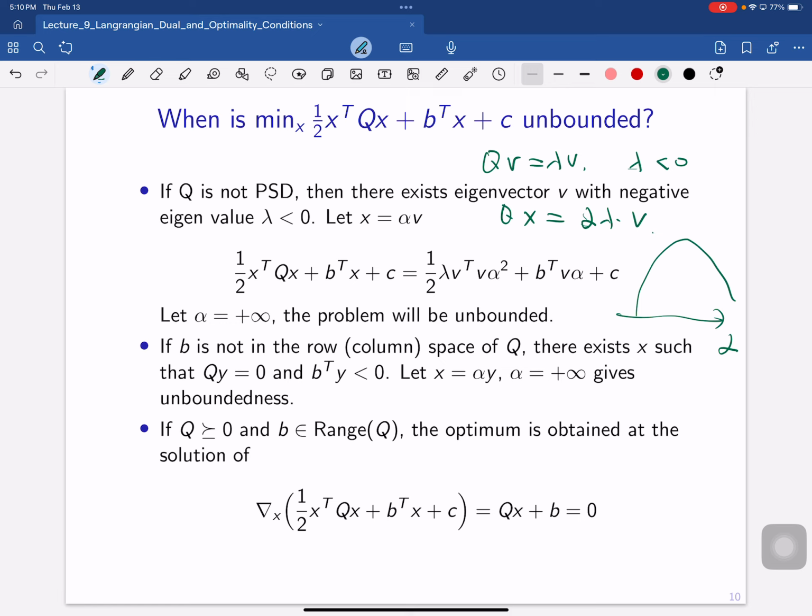If you have a quadratic problem where the curve is facing downward, then it is unbounded whenever you set alpha equal to plus infinity or minus infinity. So that already shows you that when Q is not PSD, this minimization problem is unbounded. Just pick a negative eigenvalue and eigenvector, and that would do the job.